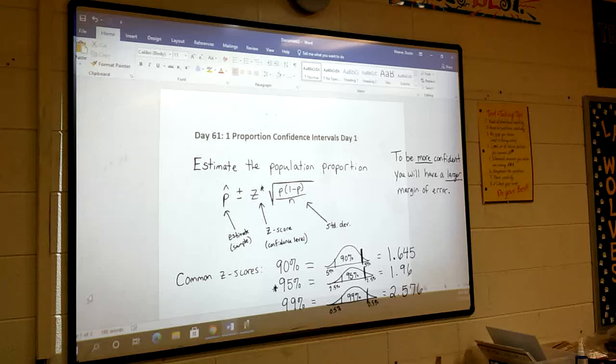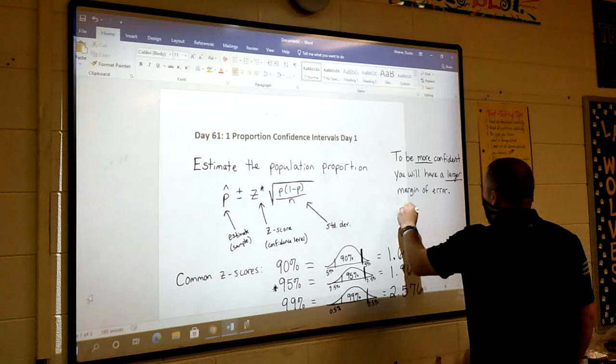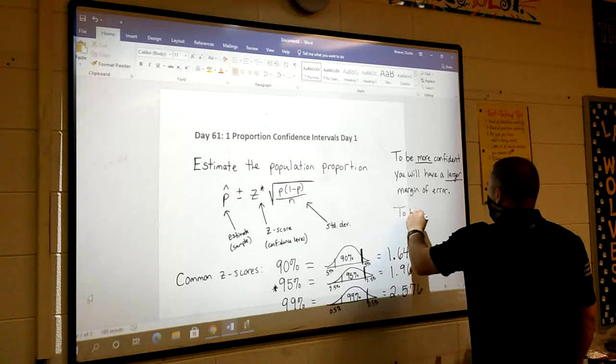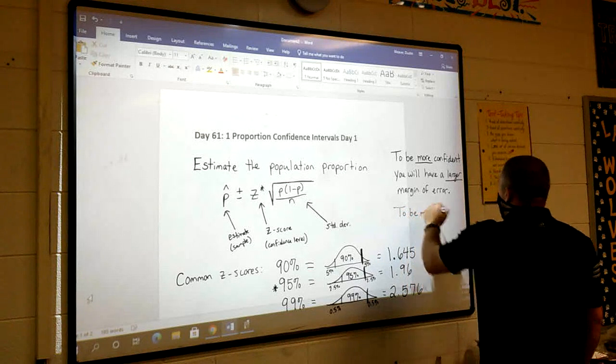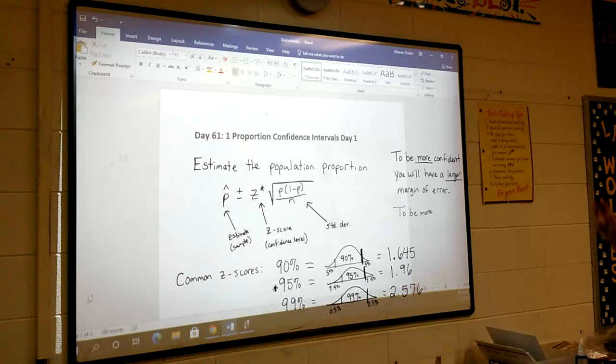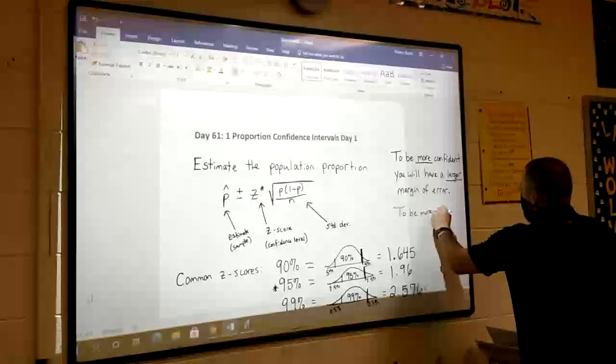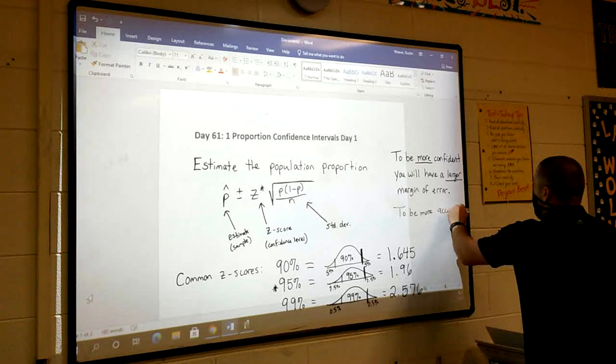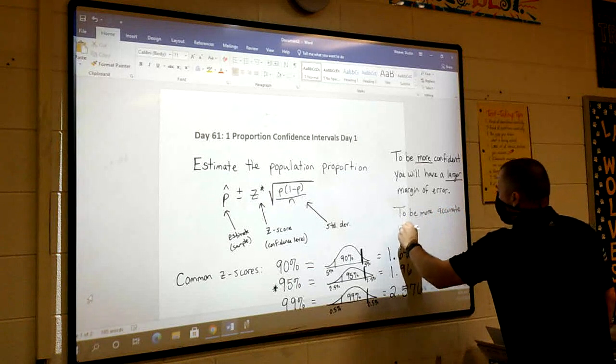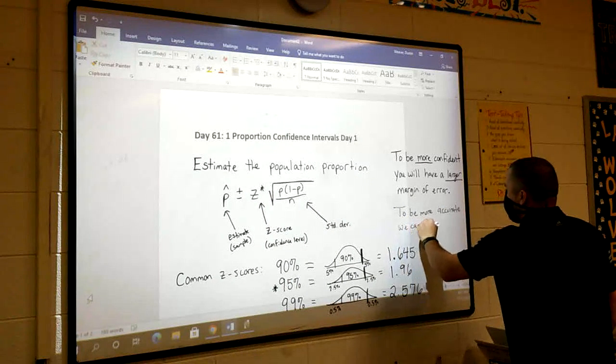One other important thing on here is to be more accurate. We can be more confident, which means we have a larger margin of error. But to be more accurate, we can take a larger sample size. Okay? And we talked about that before.